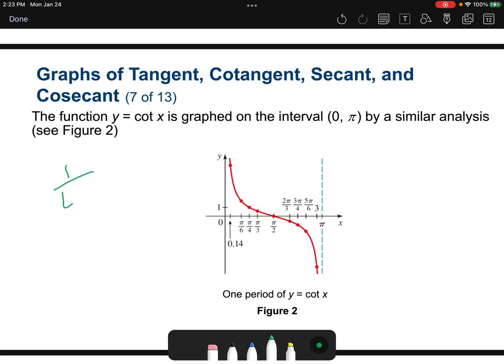So type on your calculator 1 divided by tangent x. Type that in on y equals. Then go to your window, and we're just going to go 0 to pi for your x, by pi divided by 2. On your y-axis, let's go negative 10 to 10 again by ones.